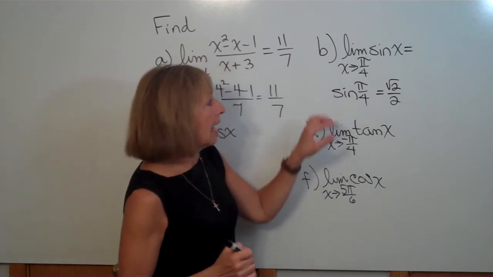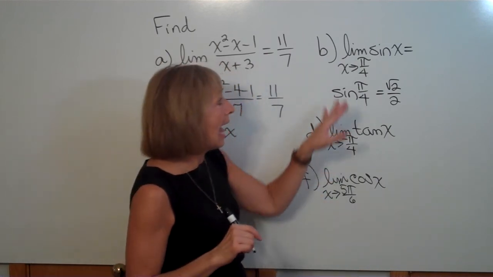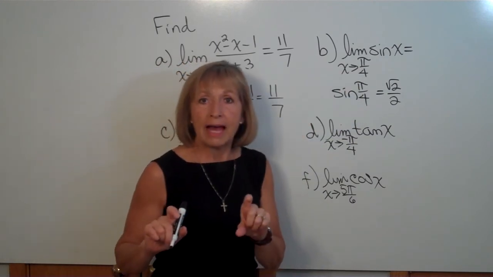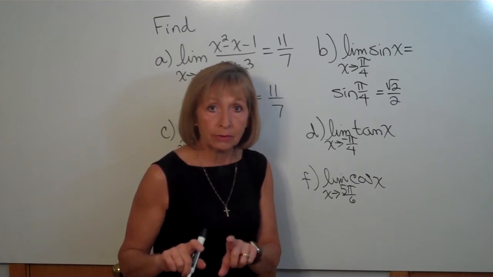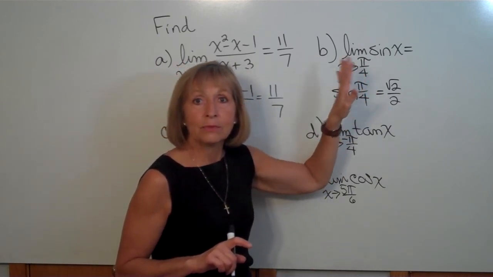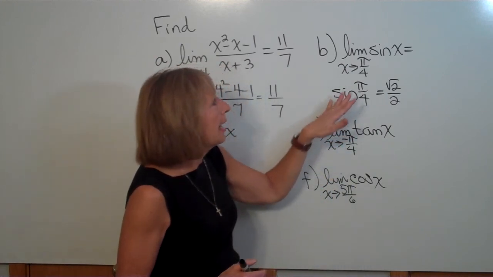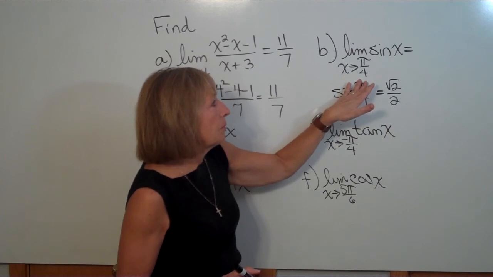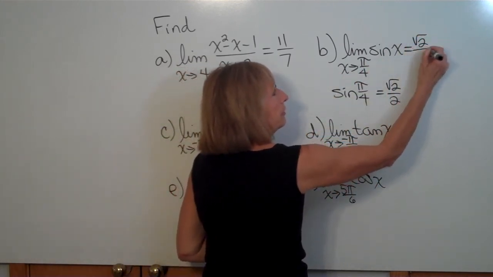So since sine of x is continuous at pi over 4, the values that the y's will approach as I get infinitely close to pi over 4 is the same thing as what the limit is there, because it's a continuous function there. So my limit as x approaches pi over 4 of sine of x is also the square root of 2 over 2.